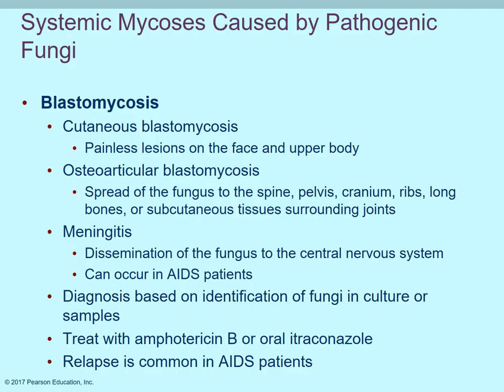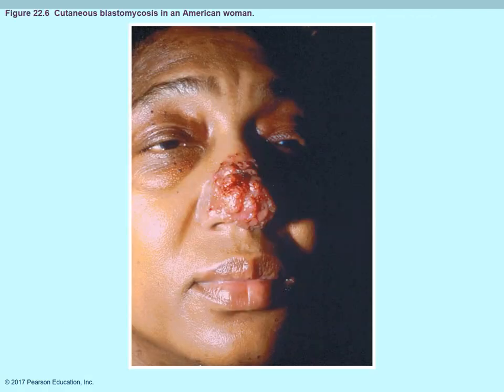In someone who is immunocompromised, it can also spread to the central nervous system and cause a form of meningitis. This is seen especially in AIDS patients whose immune system has been compromised. Once again, you can treat it with certain antibiotics. This shows cutaneous blastomycosis on an individual.